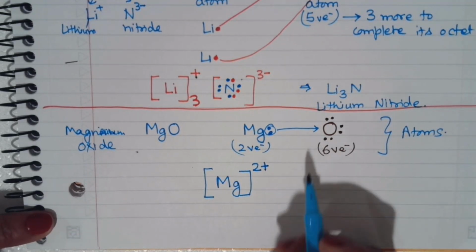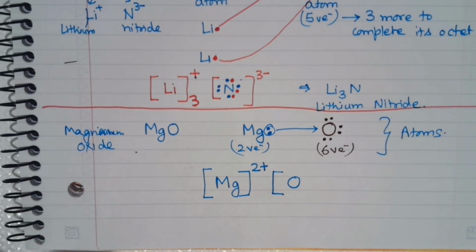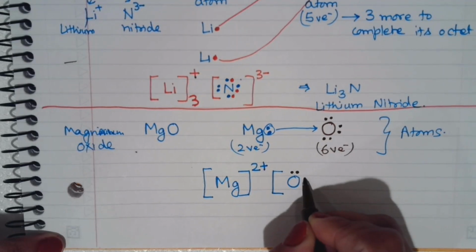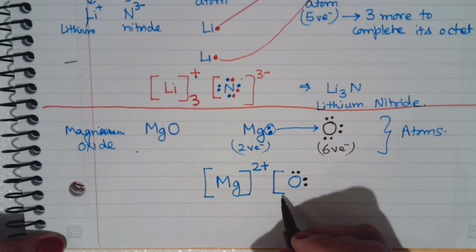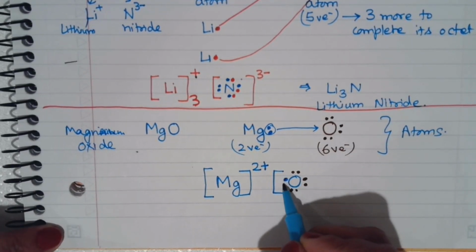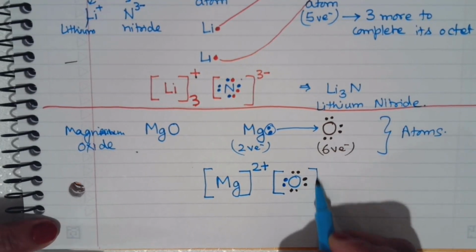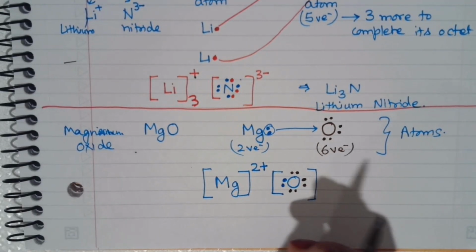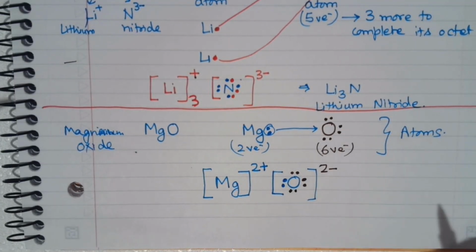So this is magnesium. Whereas oxygen atom, after gaining 2 electrons, now has 8. So the brown ones are the original 6 electrons of oxygen and then 2 more that it gained from magnesium, right? Since oxygen gained 2 electrons from magnesium, it will have a charge of 2 minus.